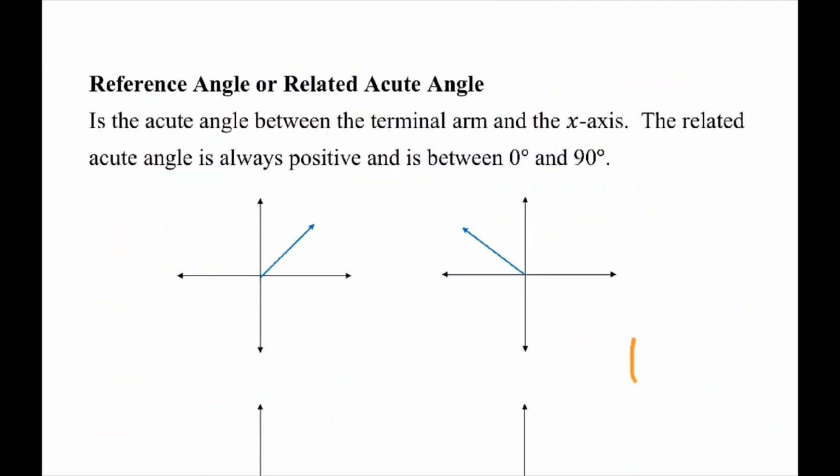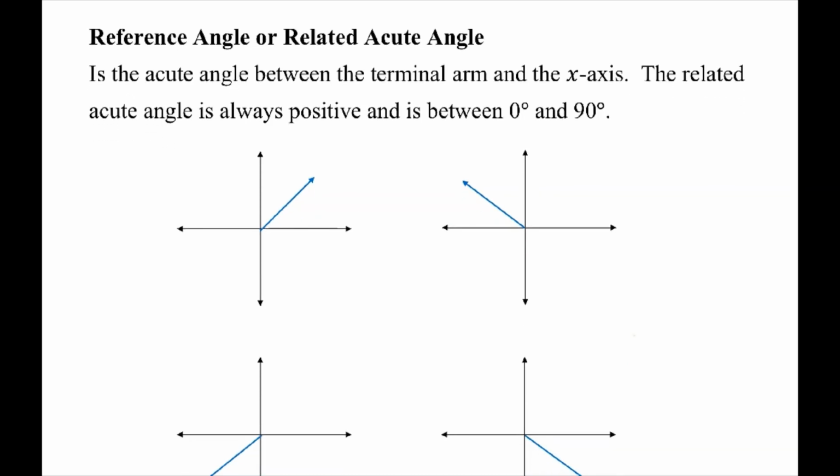Now we will move into something called a reference angle, or we might call it a related acute angle. I like the term related acute angle because it represents the size of the angle.